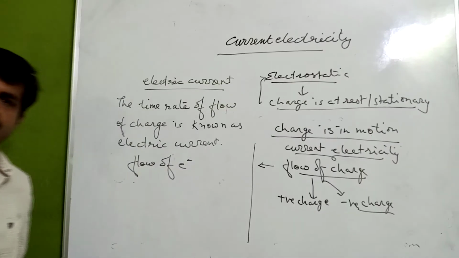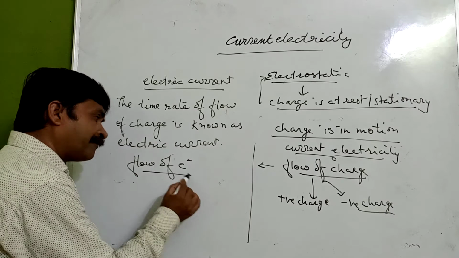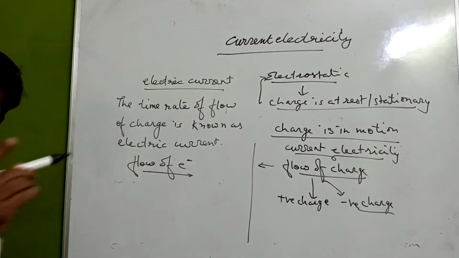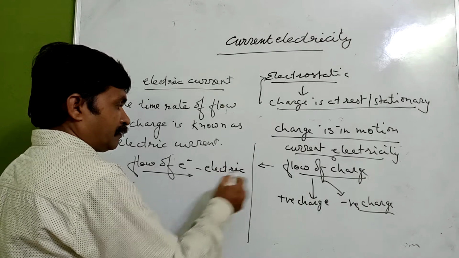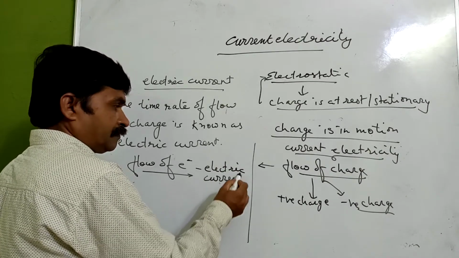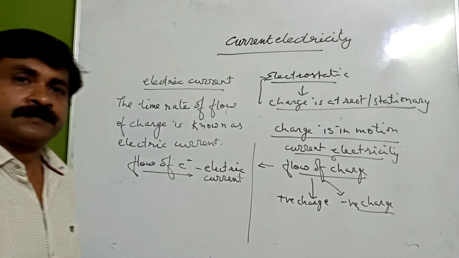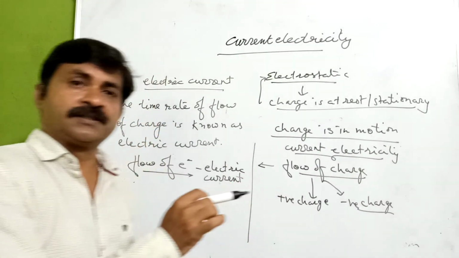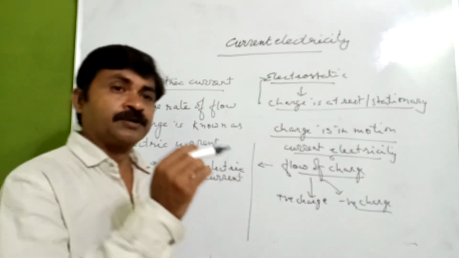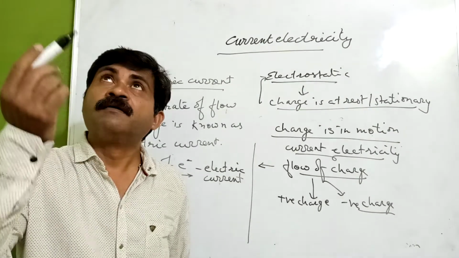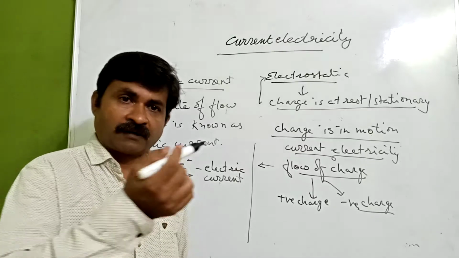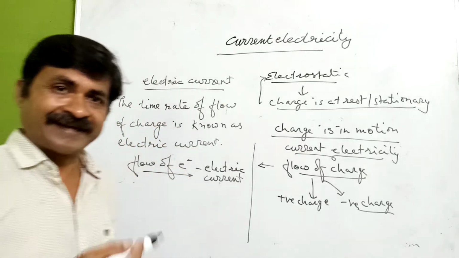If flow of electrons is there, then it is also known as electric current. When you switch on, you get your light, the fan is on, your tube light is on.